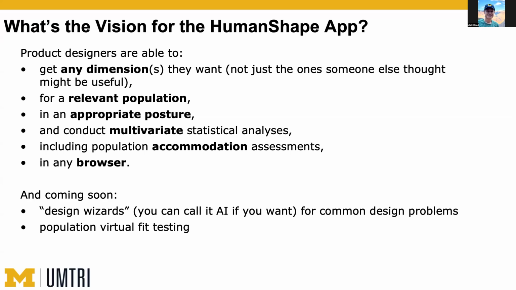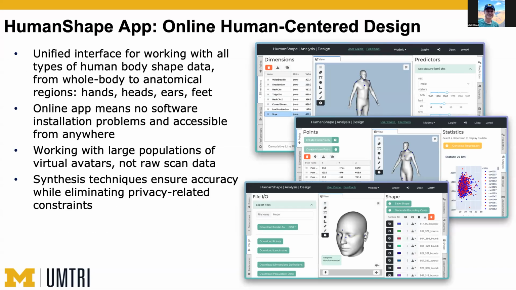So what we're aiming for is any dimension that you can define on a population, use a relevant population, allow the avatars to be posed, and then do multivariate statistical analyses. And in another video, I'll talk about the design wizards that we're developing to allow even novices to conduct accurate analyses for common design problems.